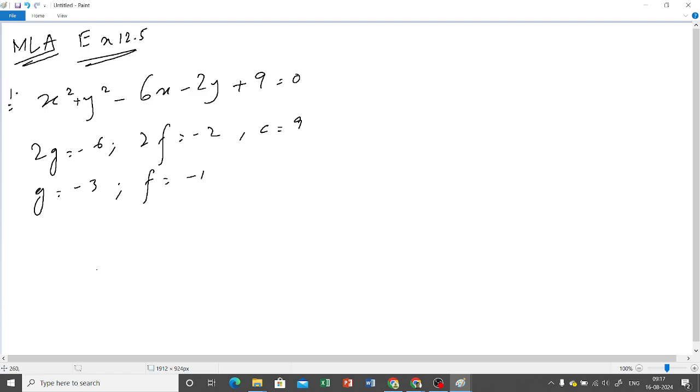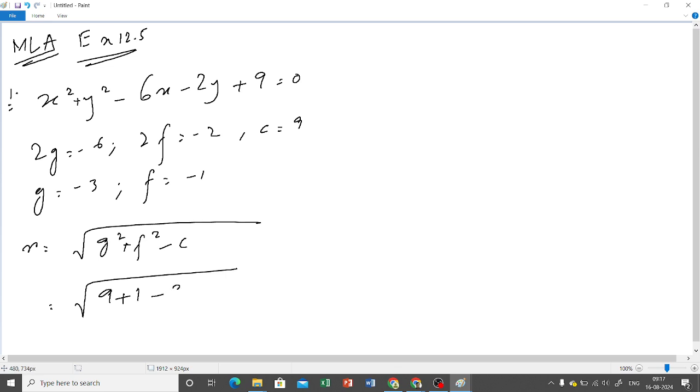Okay. So what is the radius? Root over g square plus f square minus c. There is 9 plus 1 minus 9. There is 1. So this is r1. For the second circle, x square plus y square is equal to 18.